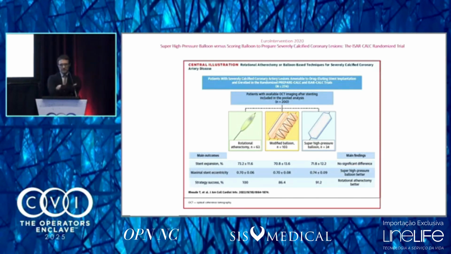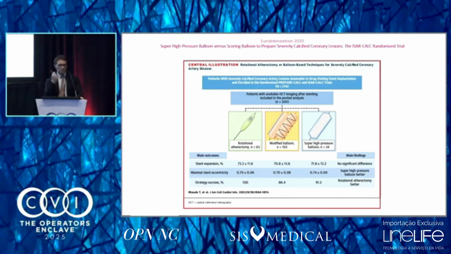One thing more. This is a combined analysis published in EuroIntervention 2020, a couple of years ago. But just to answer one question, the PREPARE-CALC and ISAR-CALC trials, rotablation against cutting balloon, and the ISAR-CALC 1 trial was cutting balloon against OPN NC. We combined the data at patient level, and this is what is summarized in this picture, in which you can see that the rotablator gives you the maximal strategy success.